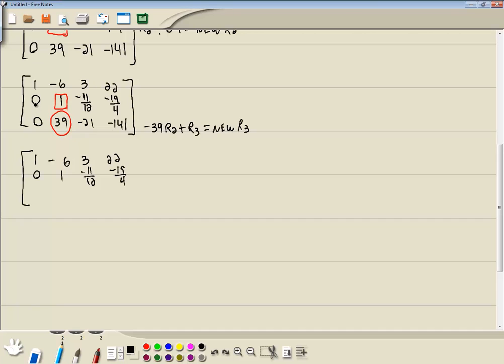Okay, -39 times 0 is 0 plus 0, 0. -39 times 1 is -39 plus 39 is 0. Now I'm going to take -39 times -11/12 plus the -21. So -39 times -11/12, and then add -21.